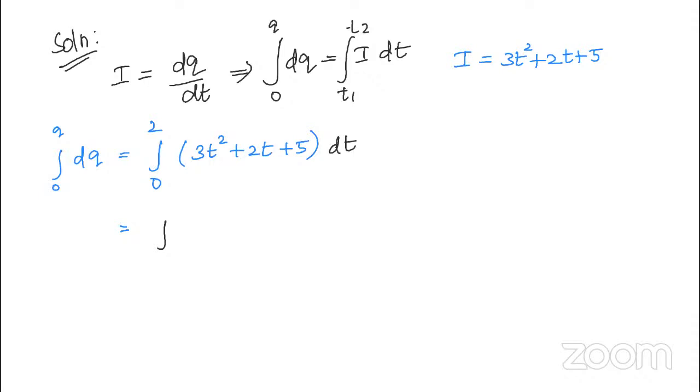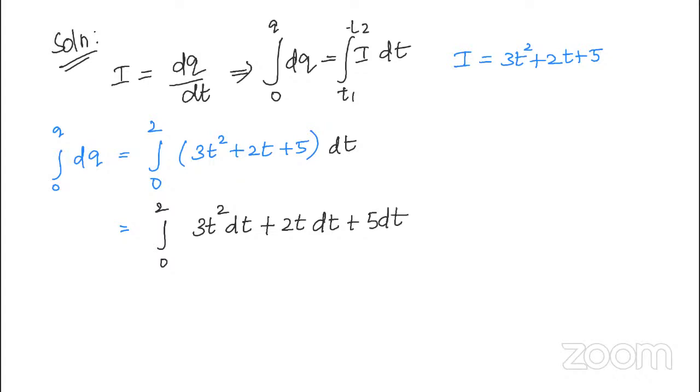Let us multiply each term by dt. So from 0 to 2, 3t² dt + 2t dt + 5 dt.